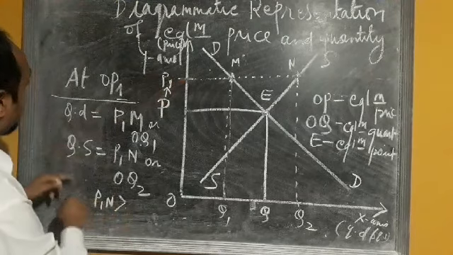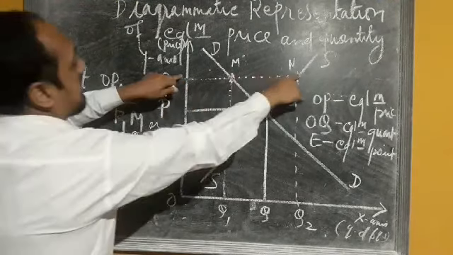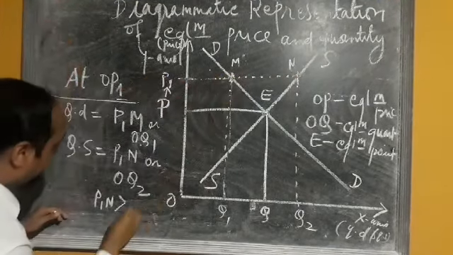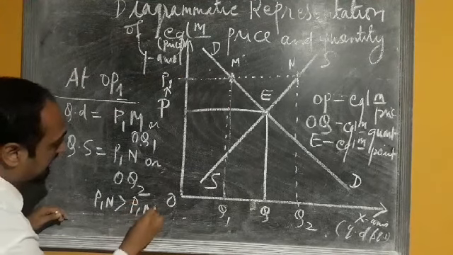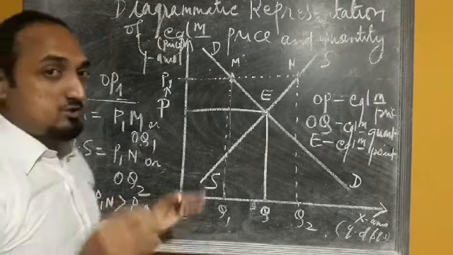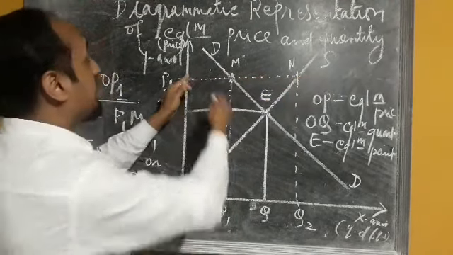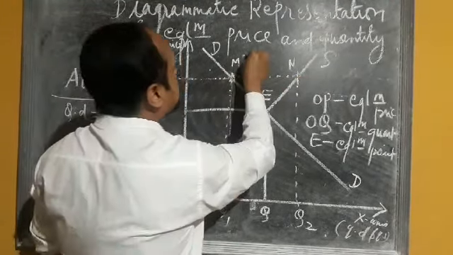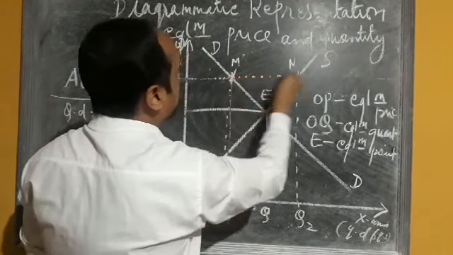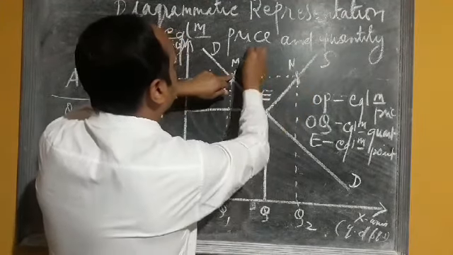P1N is greater than P1M. That means what situation is there? There is a situation of excess supply. Supply is greater than demand.